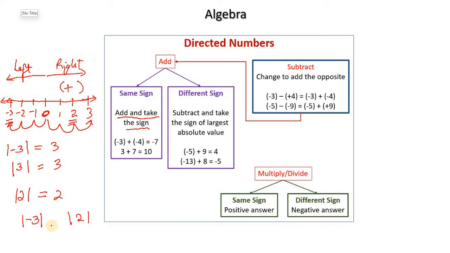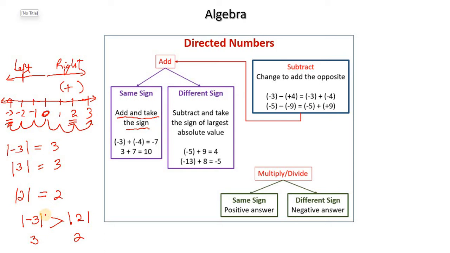The absolute value of -3 is 3, and the absolute value of 2 is 2. So we can say -3 has a greater absolute value.